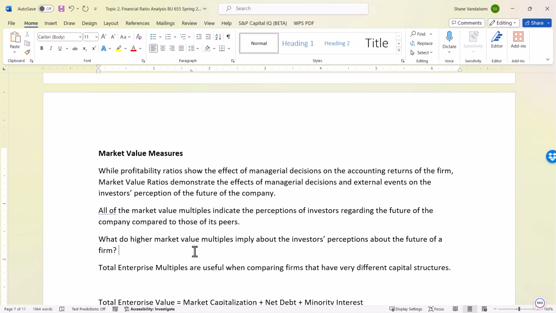Whenever we see these multiples increase, this means that relative to other firms, investors have a higher expectation about the future of the company. So higher market value multiples imply that investors' perceptions are positive.